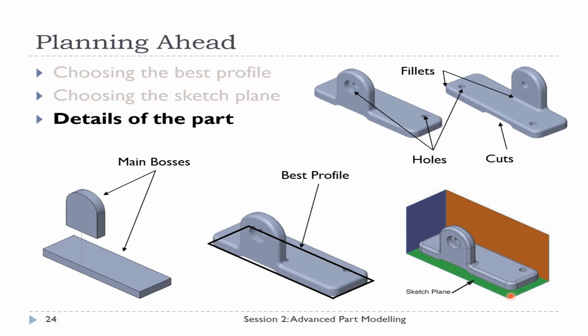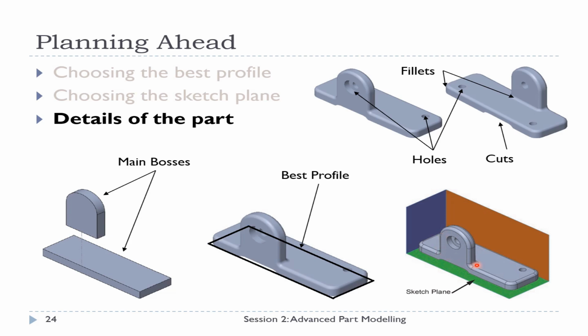And then all we need to do is just create these main bosses on the part. So the first is the base feature. So using the best profile on the chosen sketch plane, it's going to be a simple extrusion up to a thickness. Then we have this side boss.